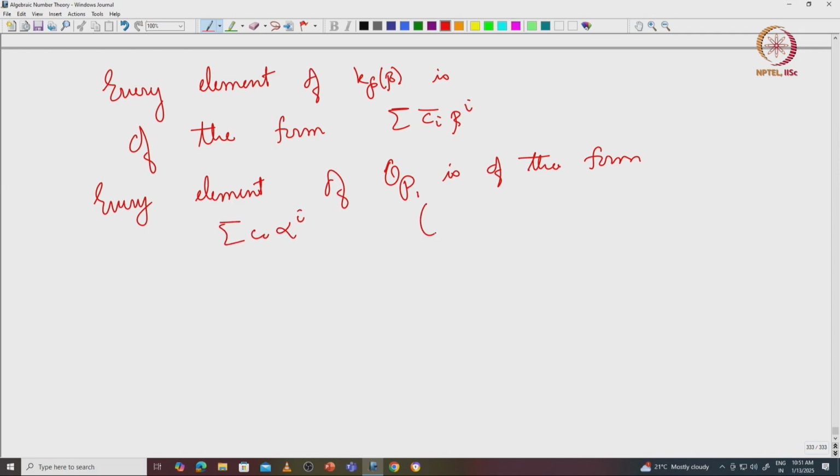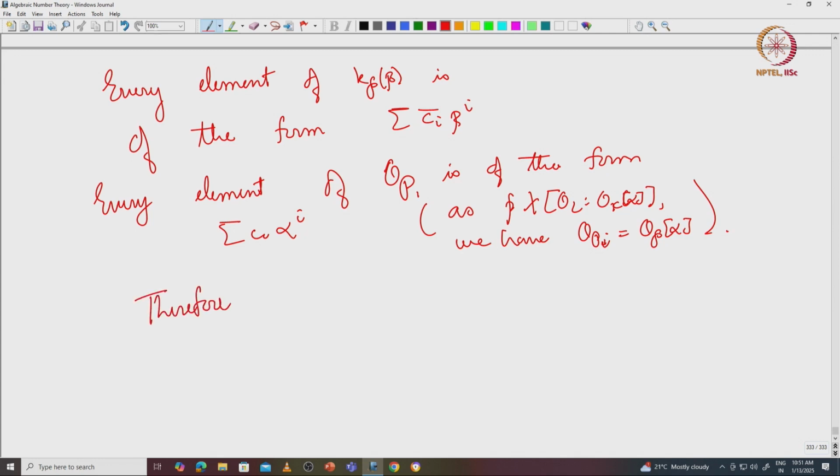Remember that as p does not divide the index [O_L : O_K[alpha]], we have that pO_1, or pO_i, any of them, is equal to O_K[alpha]. So, this is where we are using that the index is coprime to p.